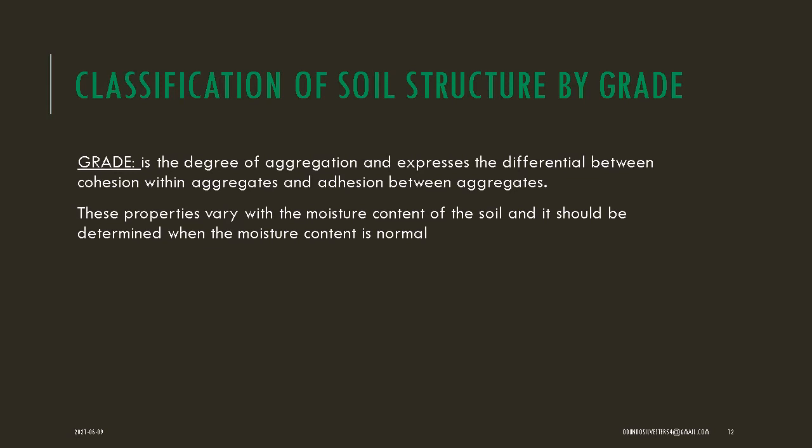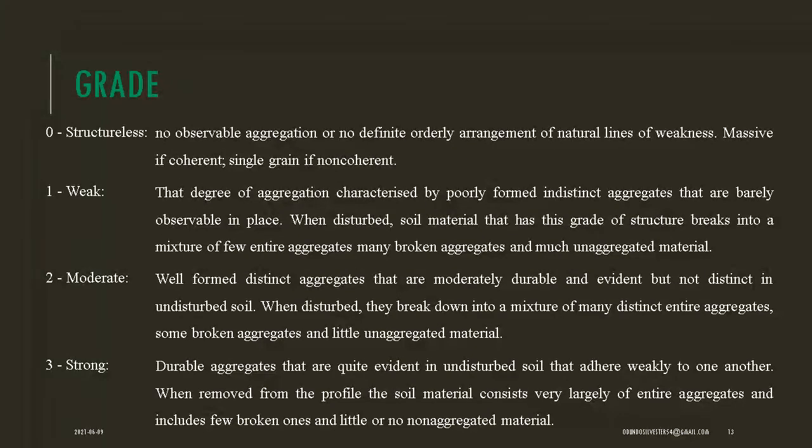Now, when we're talking about grade, we may have 0, 1, 2, 3. Grade 0 is referred to as structureless, and here there is no observable aggregation or no definite orderly arrangement of natural lines of weakness.